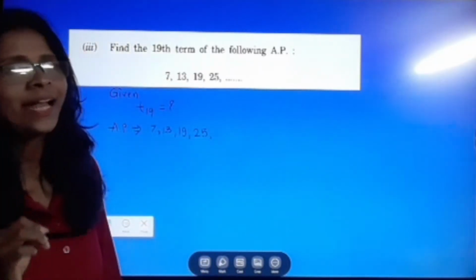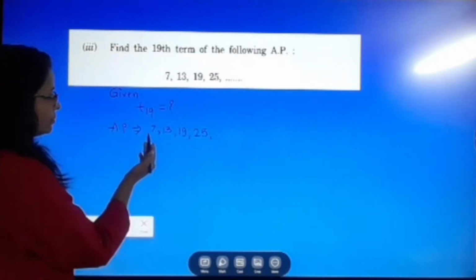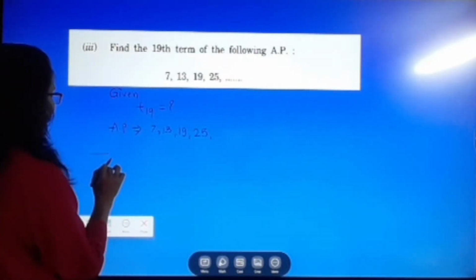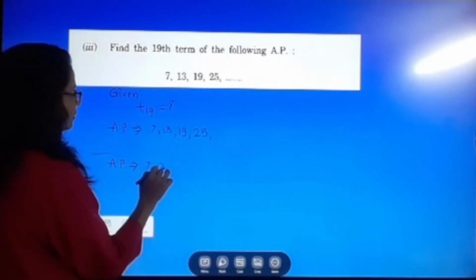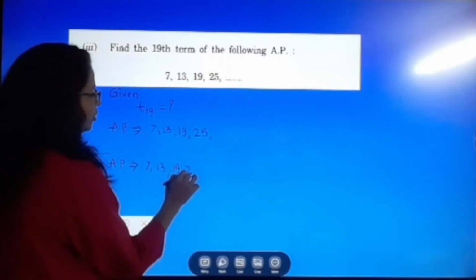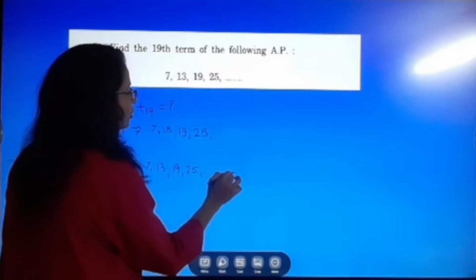Okay, students. And then next one, that is from the AP. So I write here that AP is equal to 7, 13, 19, 25, and so on.